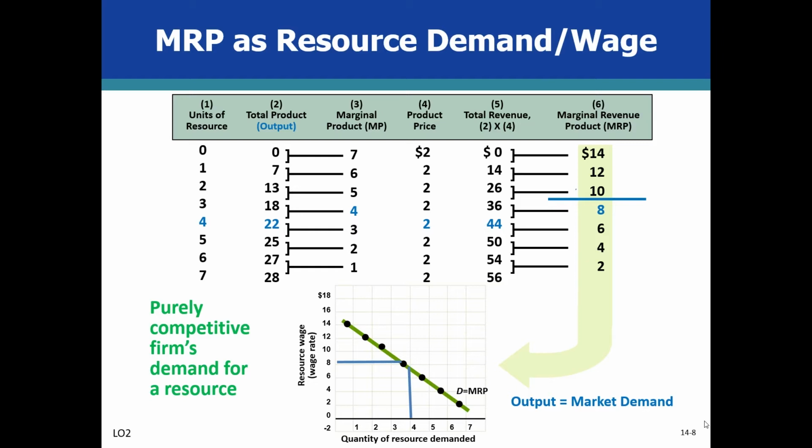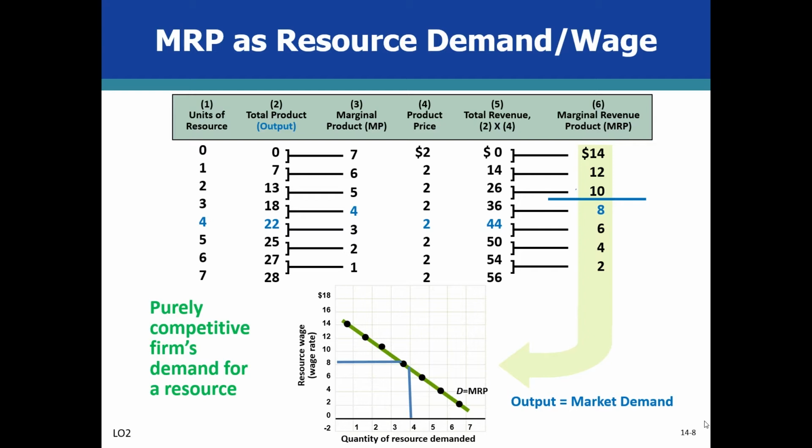You can see that the total output of the 4 workers is 22, equals the market demand. Won't hire any more. There's no sense in hiring the 5th worker to make 25 because the market demand is 22. And this tells you then, given the marginal product, how many workers the firm is going to hire.